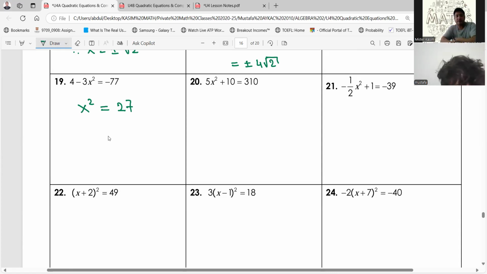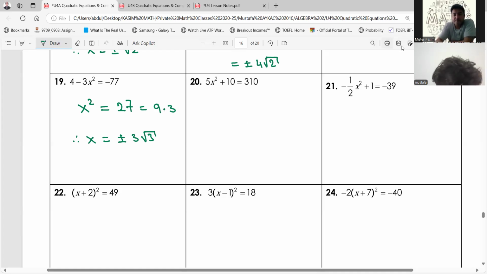Now, immediately I can write 27 as 9 times 3. 9 is a square number, and 3 we don't have any square number when we factor it. Now what is x? x equals plus or minus 3 times square root of 3. If you just write only one answer, it will not be complete, because we have to list all the solutions.